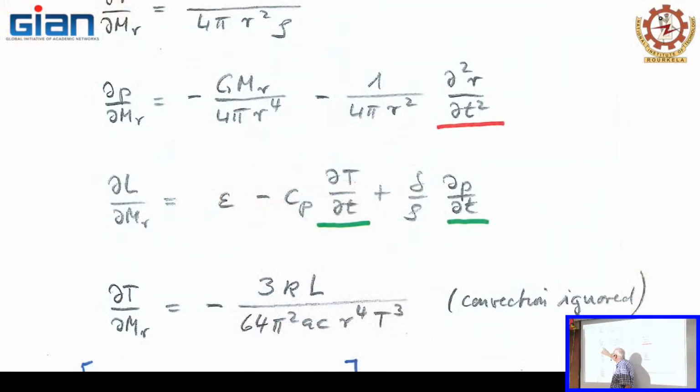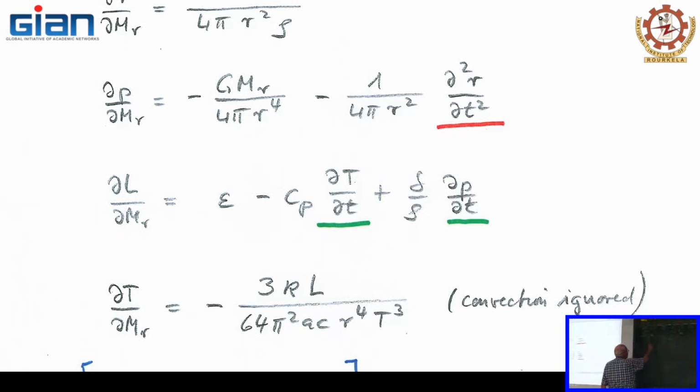So dP0 by dm has to be minus G m r over 4 pi r0 to the fourth. So these two cancel.